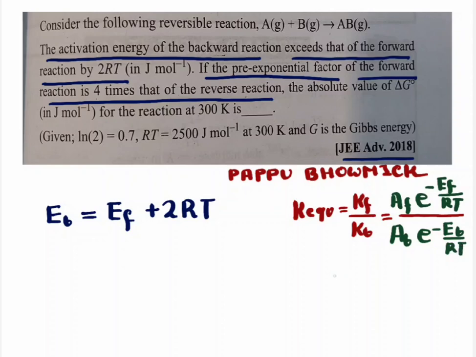Okay, so we can write A_F by A_B e to the power E_B minus E_F divided by RT.